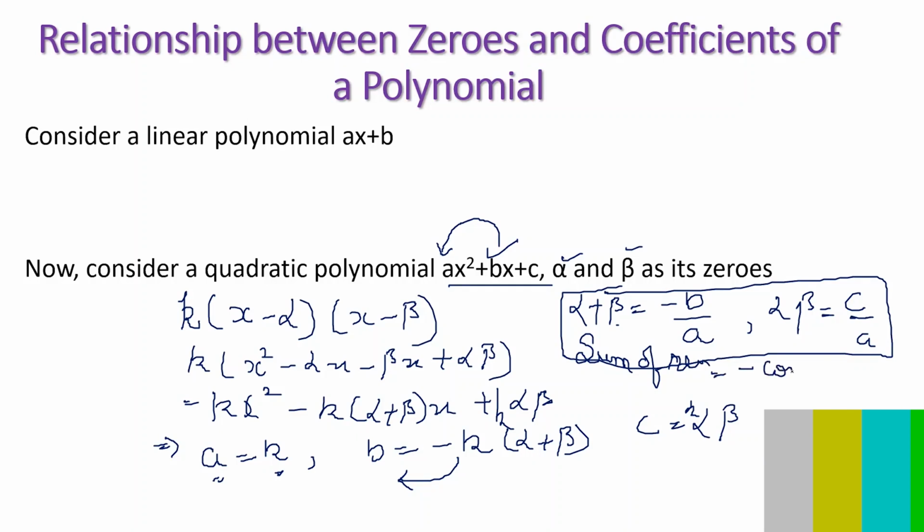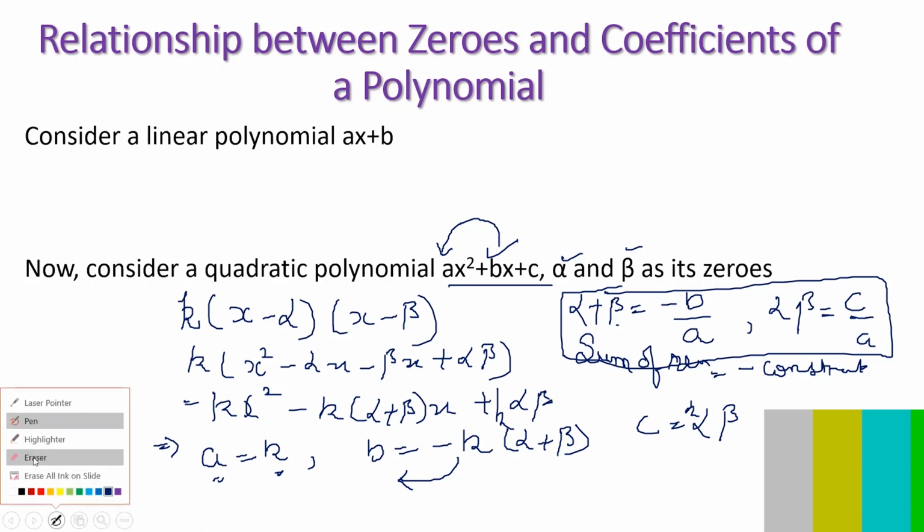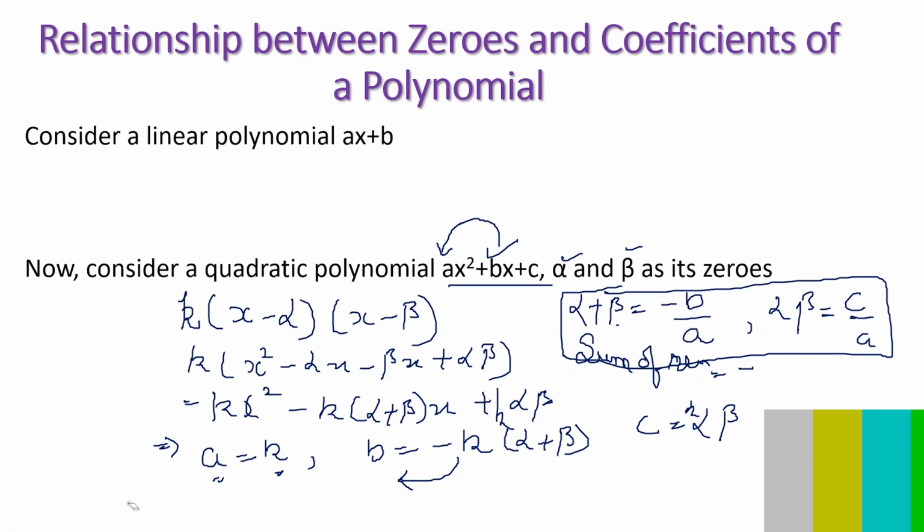Negative of coefficient of, I must write it correctly, so I am writing it. This is not constant, this is the coefficient of x, b is the coefficient of x, divided by coefficient of x square.